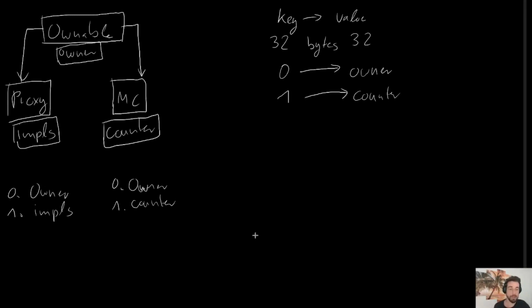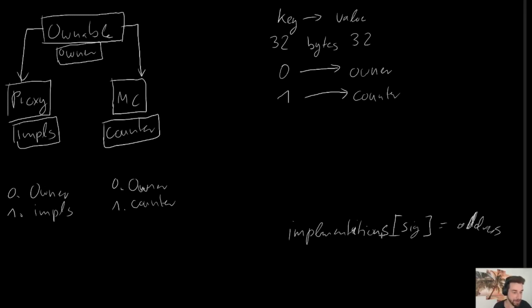So how does a map of addresses even work? Implementations itself is also like a key value store. So we have implementations, and we access or store a value by specifying the function signature here and assigning it an address.